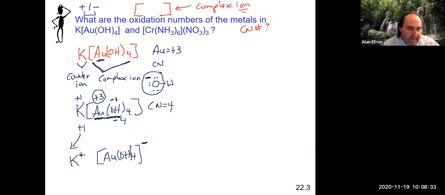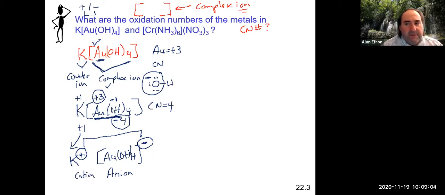That's because the gold is +3 and all of the hydroxides are -4, which gives us a -1 charge overall in our complex ion. And that's why we only need 1 potassium here to balance out the charge. +1 and -1 gives us no charge when we put it together. So in this particular case, our complex ion is the anion, or the negative guy, and our potassium is the cation. Any questions on that?